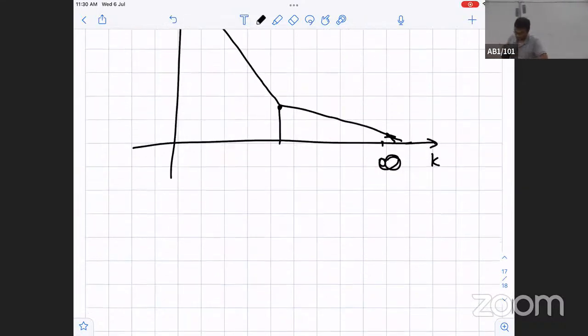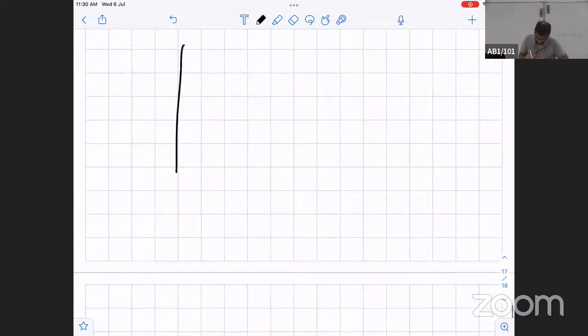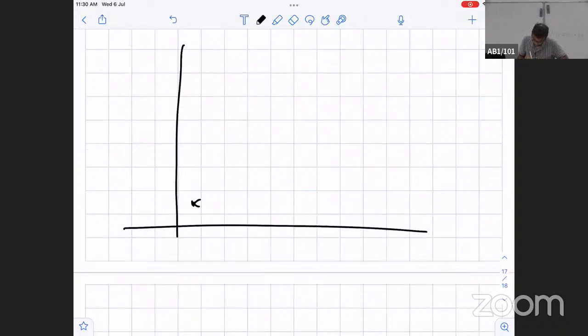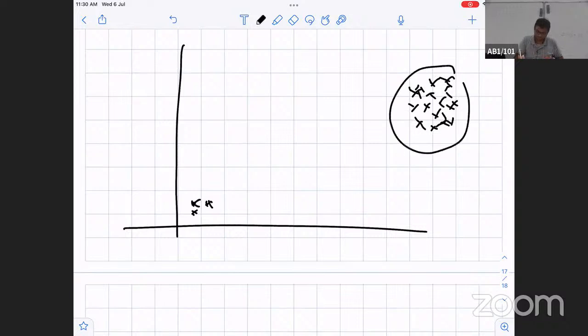Yeah. So let's just draw what is being said. If there are a few points here and lots of points over here, and the distance is very large, then when you use k-means, it will work fine. But if the points are a little close by, then that effect will start manifesting.